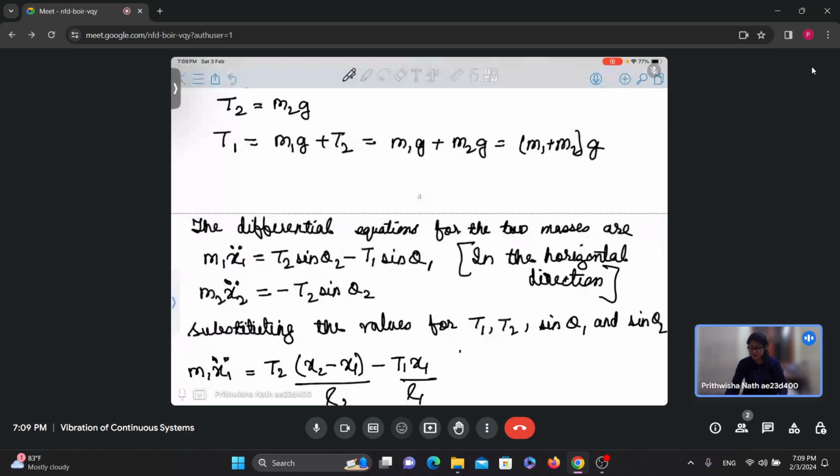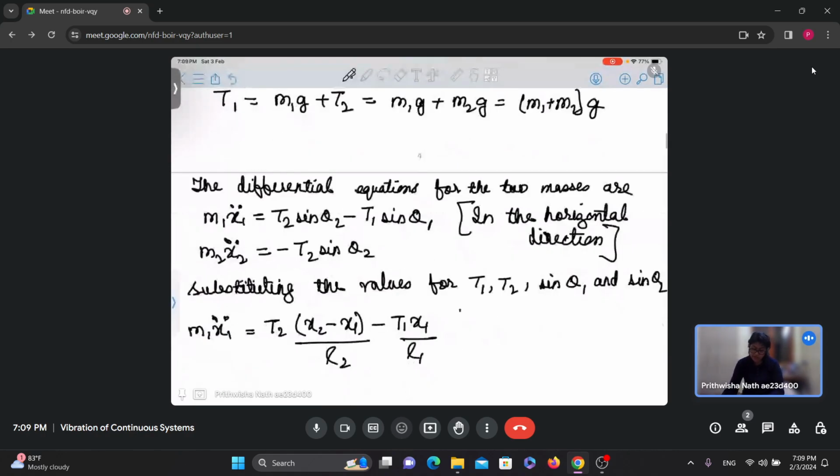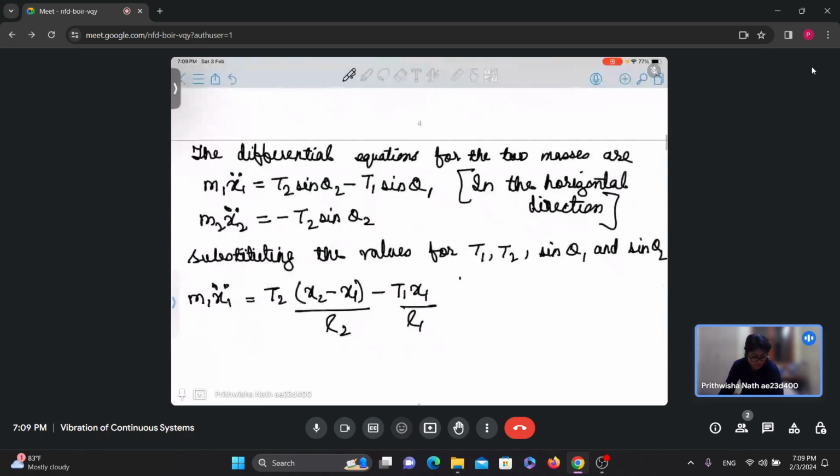Now what I do is substitute the values for T1, T2, sin θ1 and sin θ2. What was sin θ2? It was (x2 minus x1) by L2, and sin θ1 was x1 by L1.